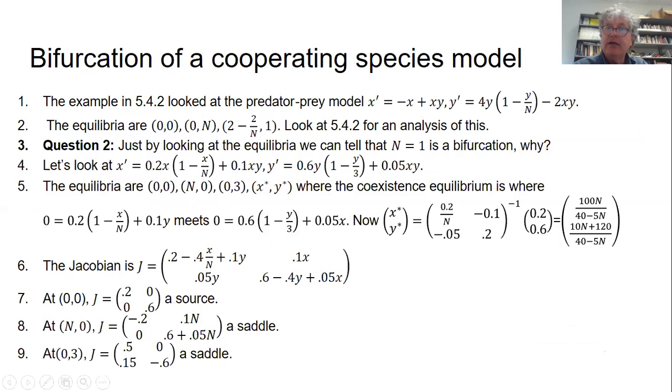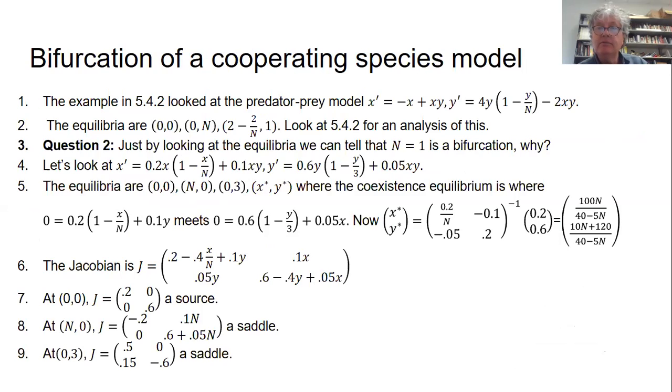Okay, so let's have a look at some biology examples. So again, if you go to the text, section 5.4.2, it looks at a predator-prey model where the parameter that we're studying is the carrying capacity of the prey.